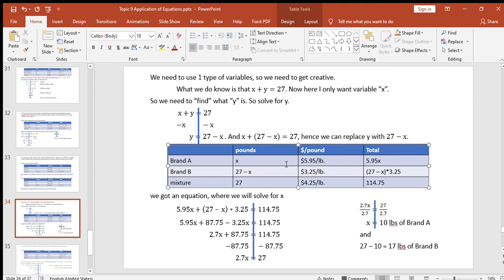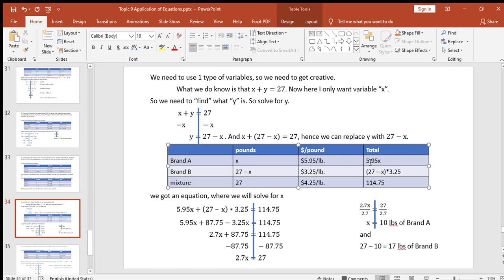Now that we know the rates of A and B, we should know what the total is. It's going to be 5.95x, and brand B is 27 minus x times 3.25. And then what do you do?